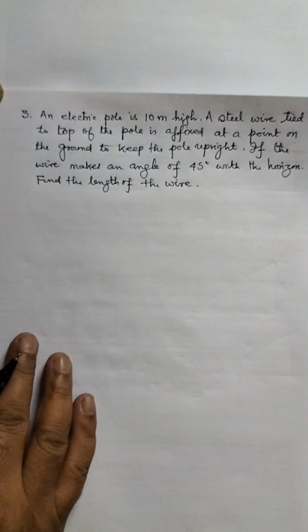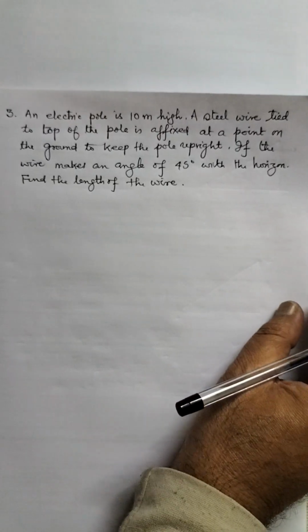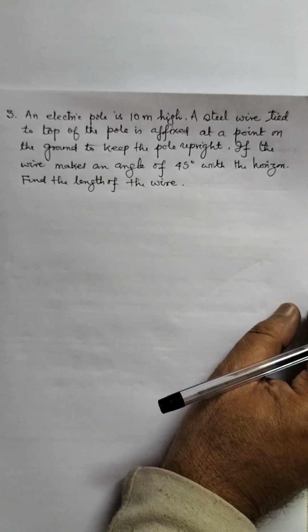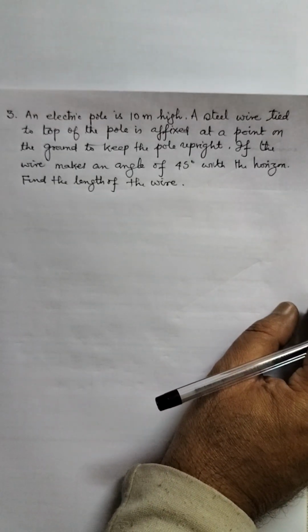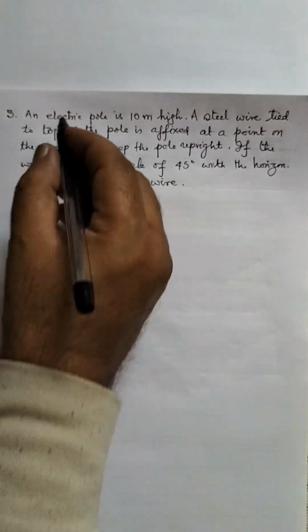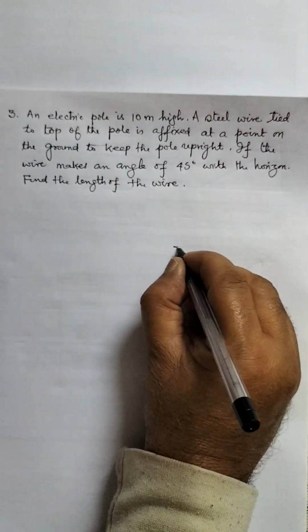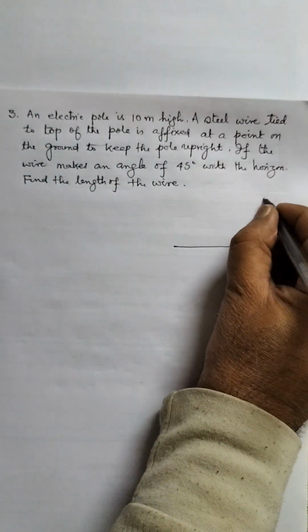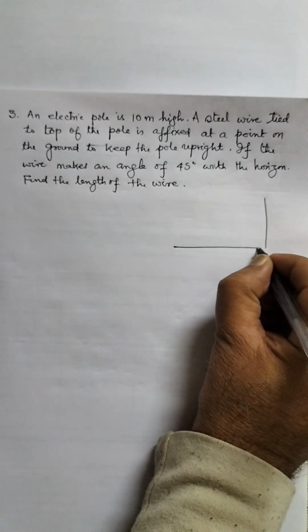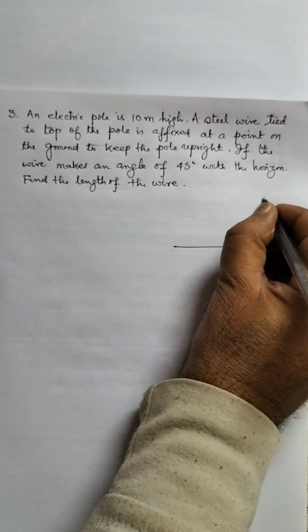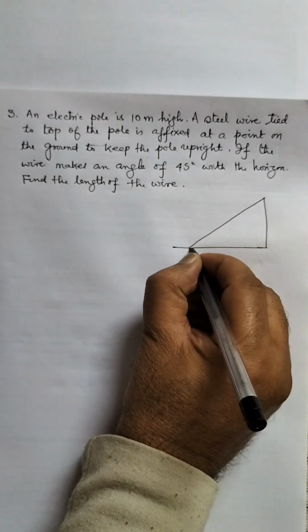Once again, as I told, we have to understand the language and draw a correct diagram. An electric pole. So this is the ground and this is the pole. In order to support the pole, there is a steel wire.